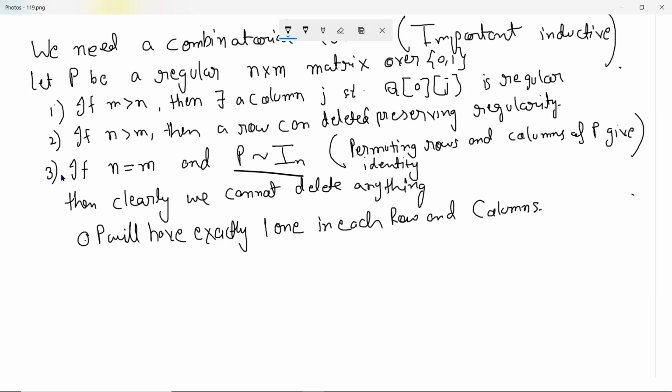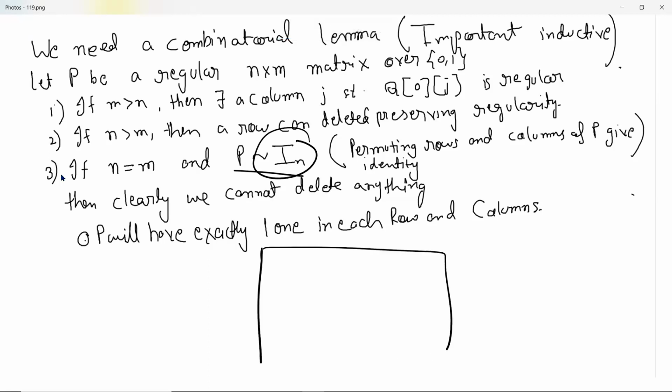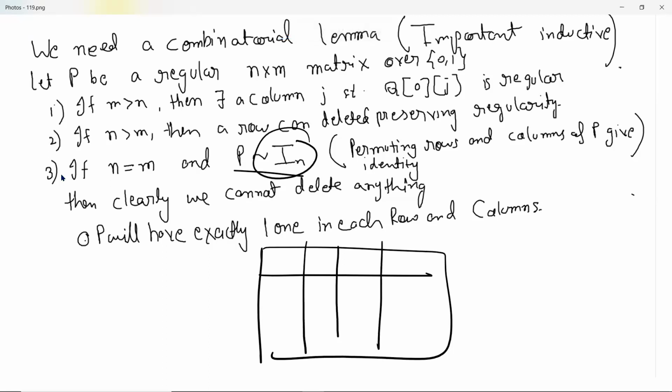Now, what does it mean? If it is similar to the identity matrix, then obviously every row of P must have a 1, right? And every column of P must have a 1. Otherwise, there's no way in which you can permute the rows and columns to get the identity matrix, right? Let's say you have a row in which there are two 1s.